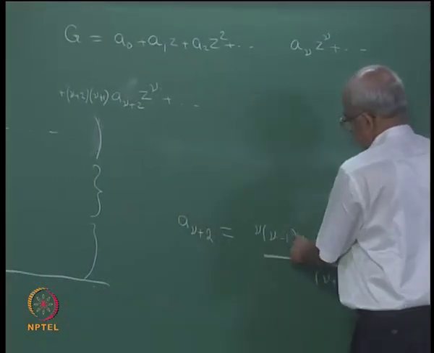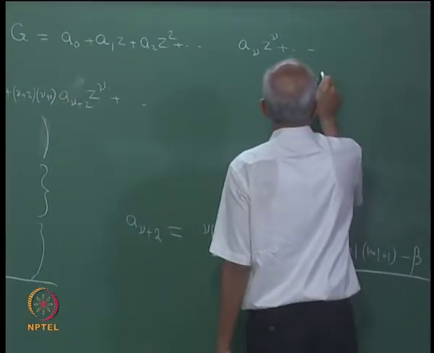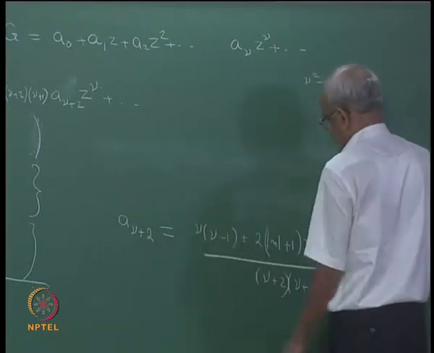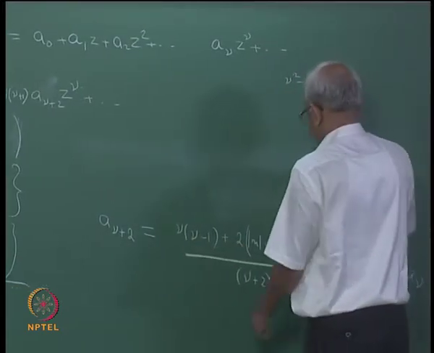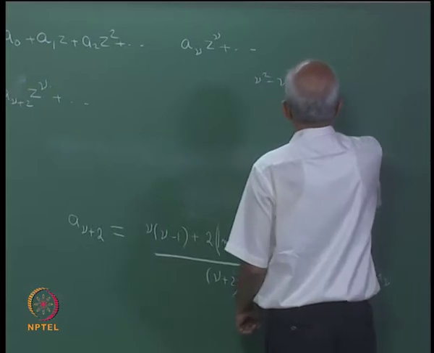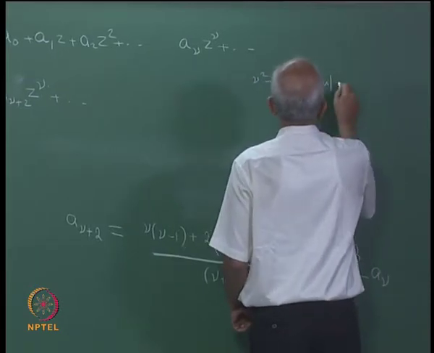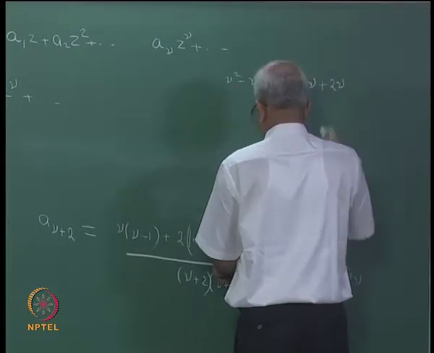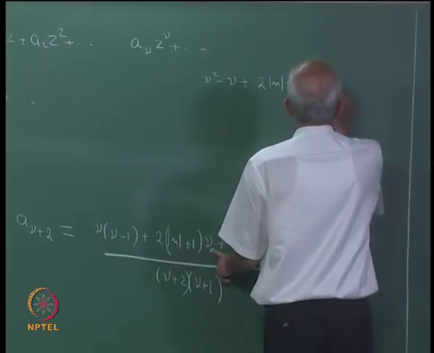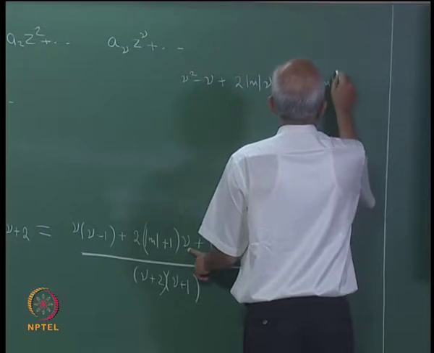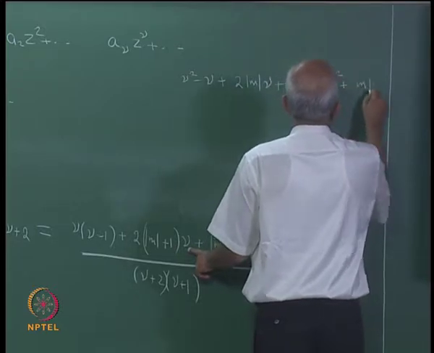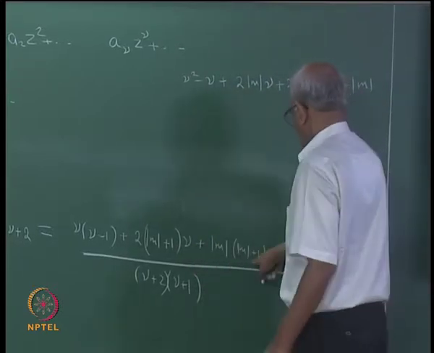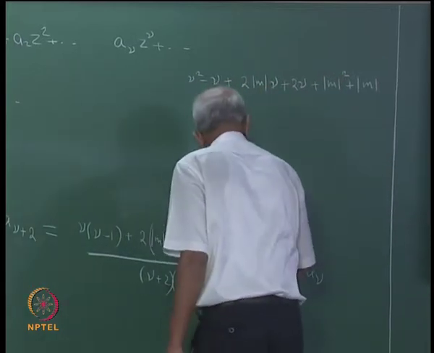Well, you have nu into (nu minus 1), that is actually nu square minus nu, this term, plus, let me just expand this, I am going to get 2 times magnitude of m into nu plus 2 nu plus magnitude of m square plus magnitude of m. Right, I am just writing this part.